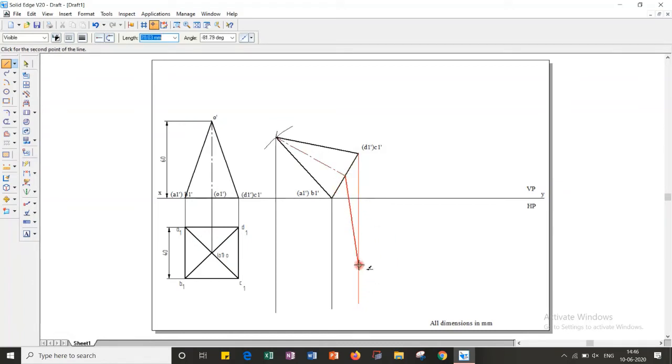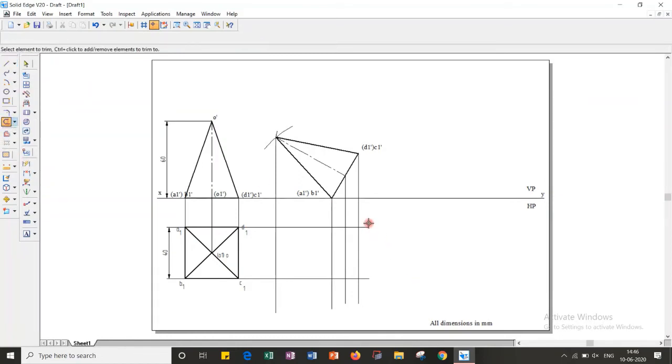We'll project one more vertical line from O1 and horizontal lines from every corner. You can trim these extra lines, this extra portion you can erase.